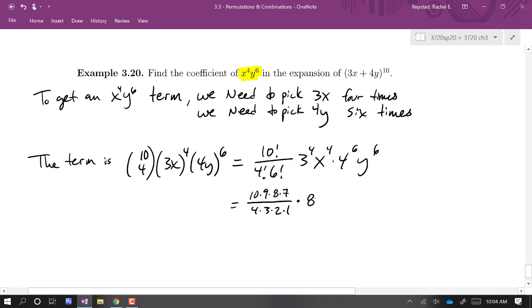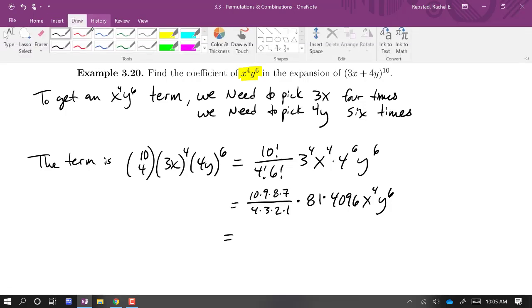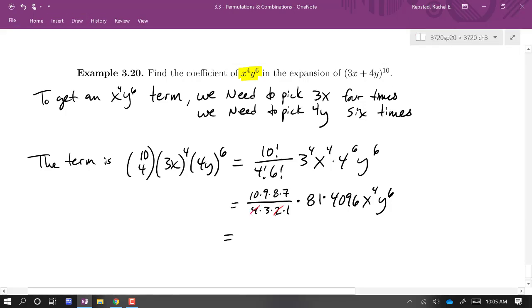3 to the 4th is 81. 4 to the 6th is 4096. 4 times 2 is 8. 3 goes into 9 3 times. So we have 30 times 7 is 210.